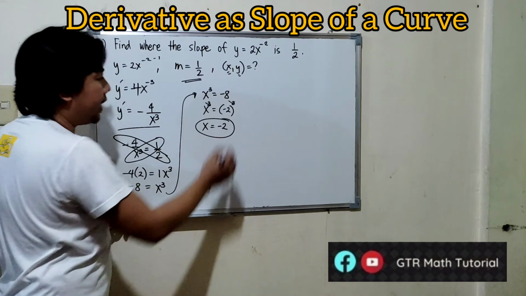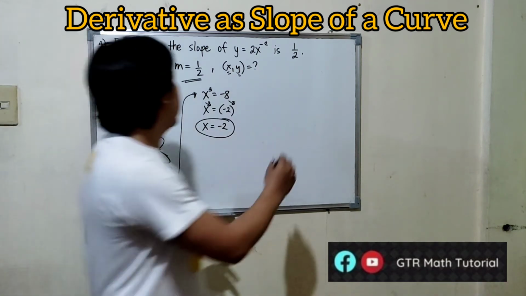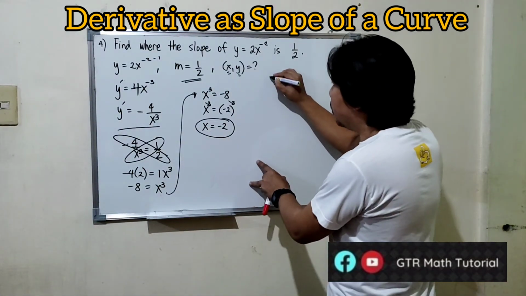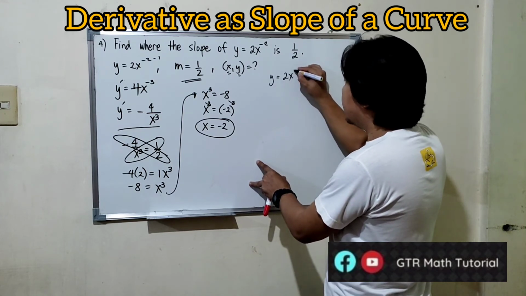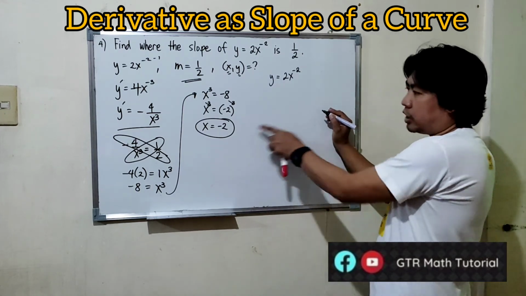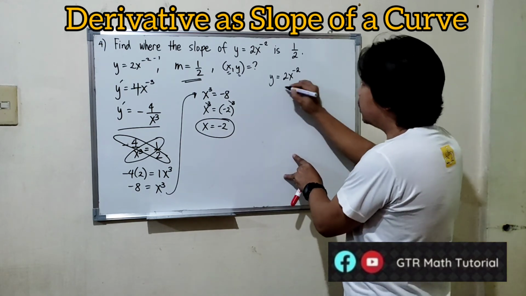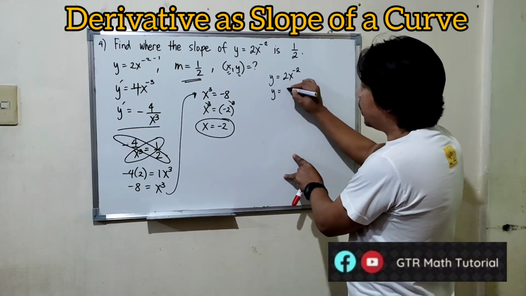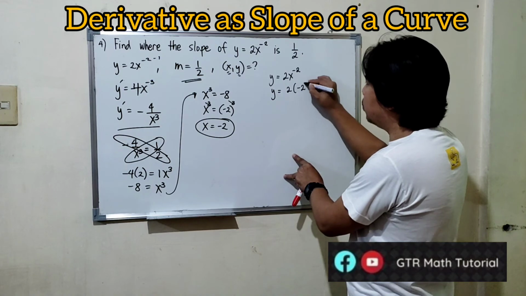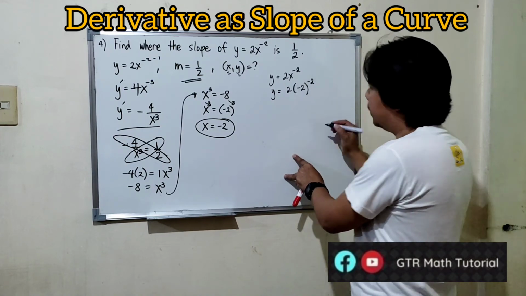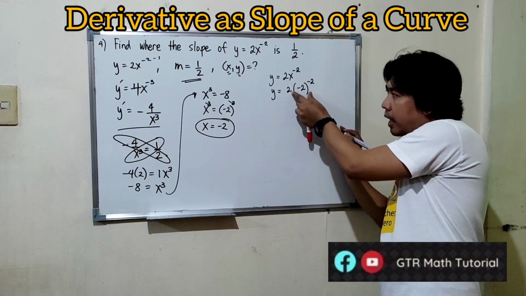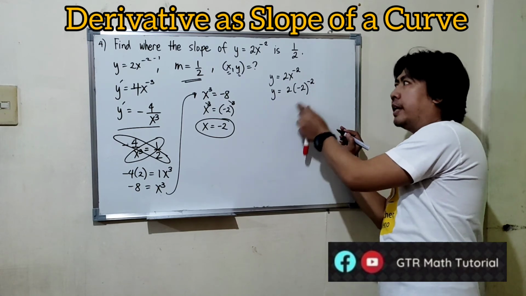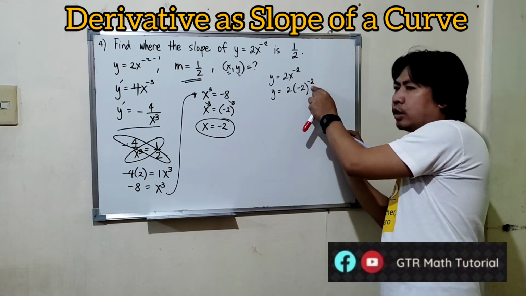Now solve for y when x equals negative 2. We have y equals 2x raised to negative 2, so substitute negative 2 for x. So y equals 2 times negative 2 raised to negative 2. Since we have a negative exponent, put the expression in the denominator and change the exponent to positive.